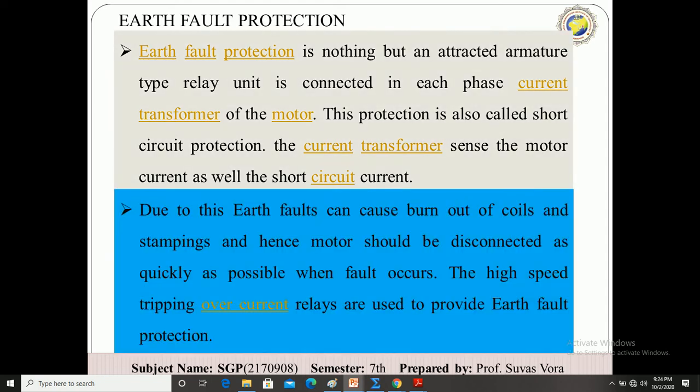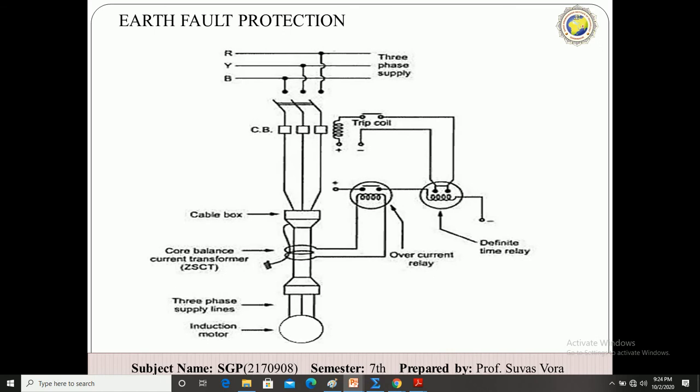Now if an internal fault arises in the induction motor, the temperature will increase. Then the core balance current transformer becomes unbalanced and the overcurrent relay will close the switch, and this switch energizes the definite time relay coil. This coil is also connected with the tripping coil, and the trip coil is energized and the circuit breaker opens. So these are the basic constructions for the earth fault protection system.